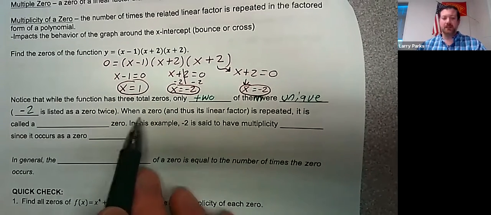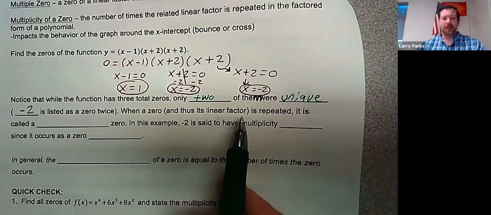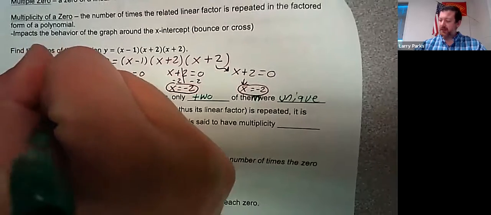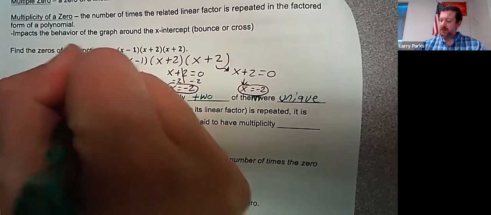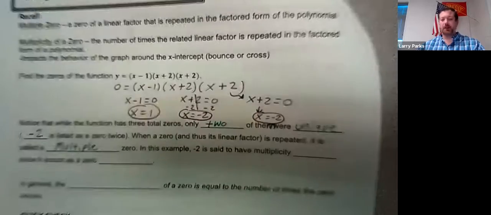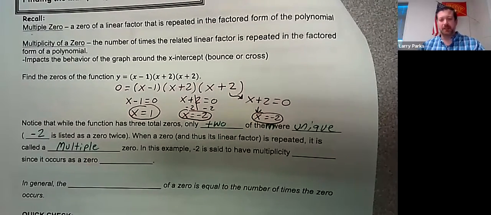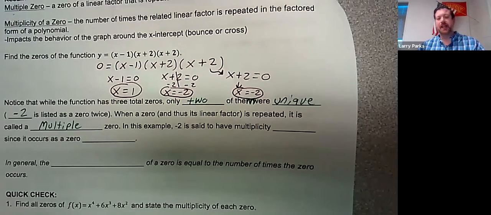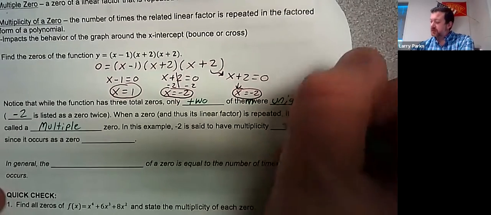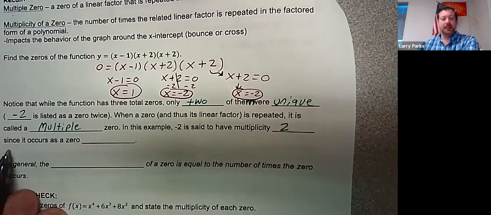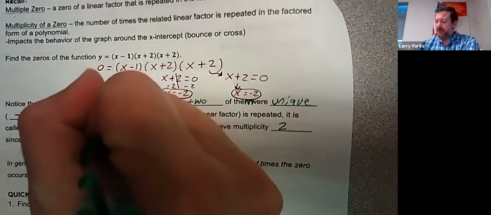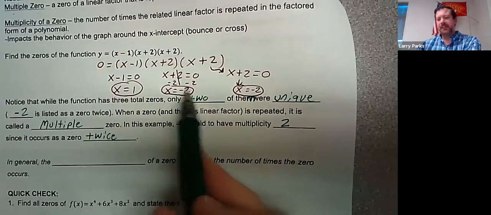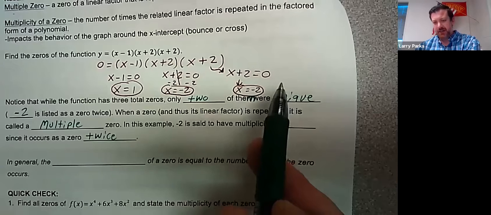When a 0 and its linear factor is repeated, it is called a multiple 0. Notice we put the definition of multiple 0 on top. In this example, negative 2 is said to have multiplicity 2, since it occurs as a 0 twice. So let's say I had negative 2, negative 2, negative 2.